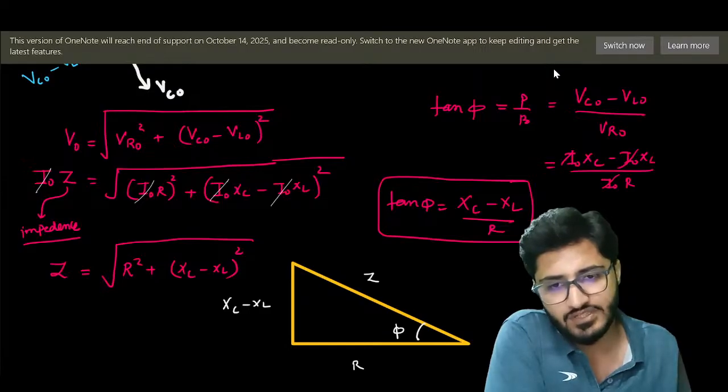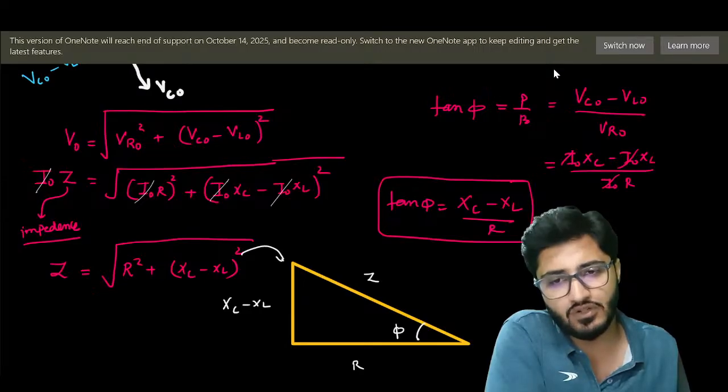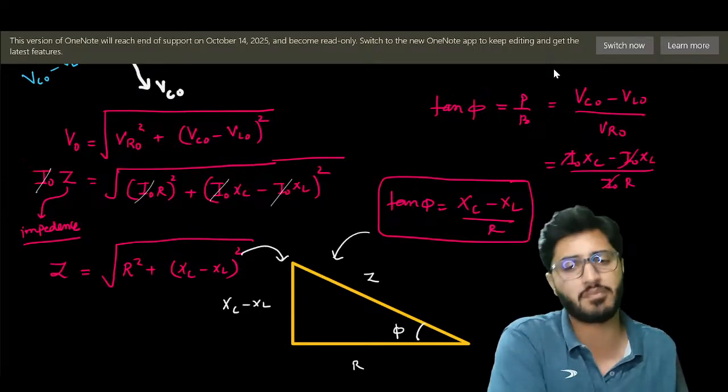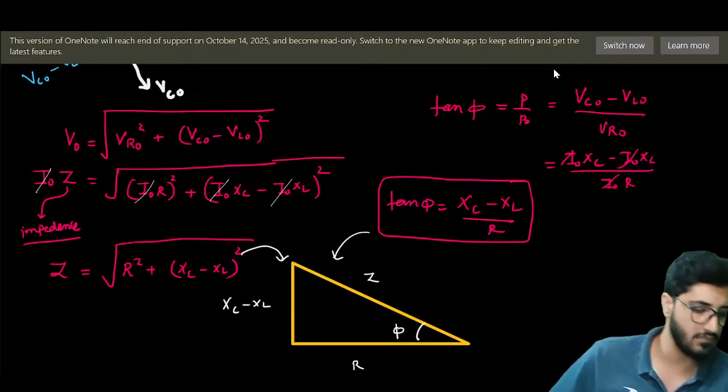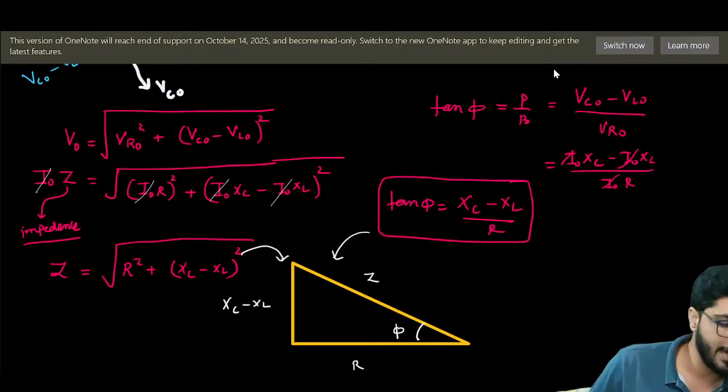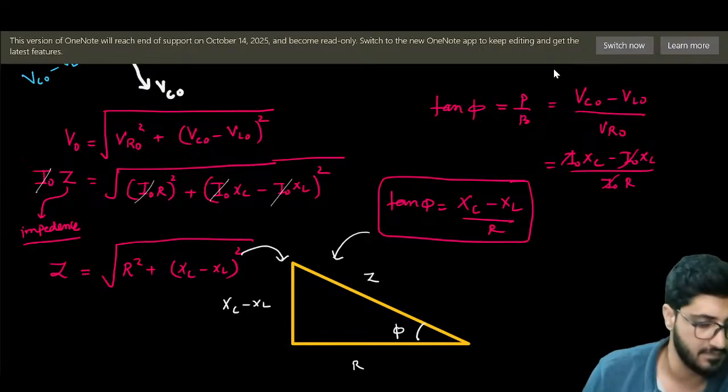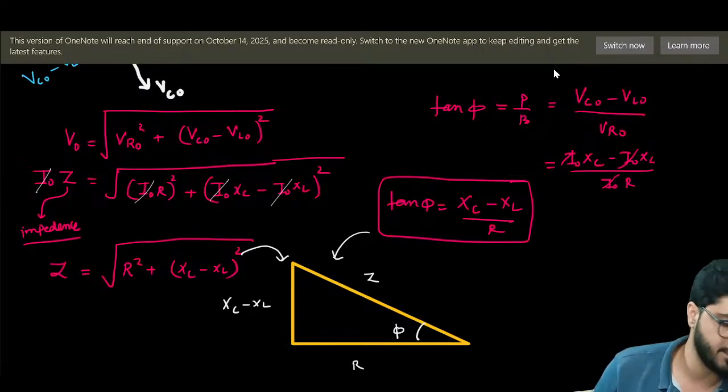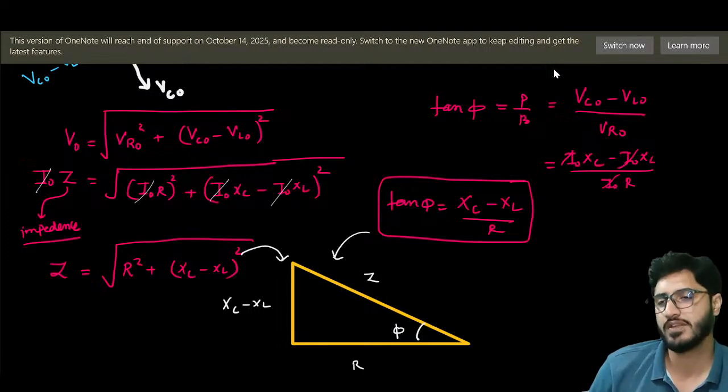This is the hypotenuse, perpendicular, and base. You will get all these things by only remembering this triangle. Easy, no? Easy or super easy? I guess very easy to remember.